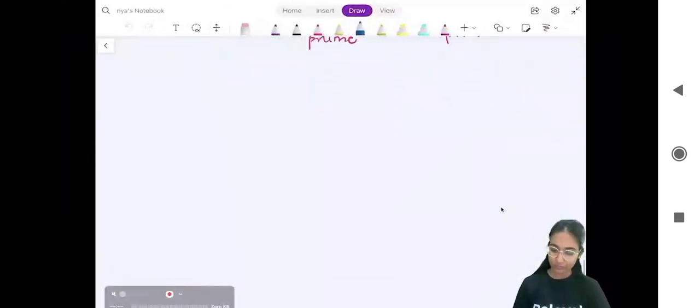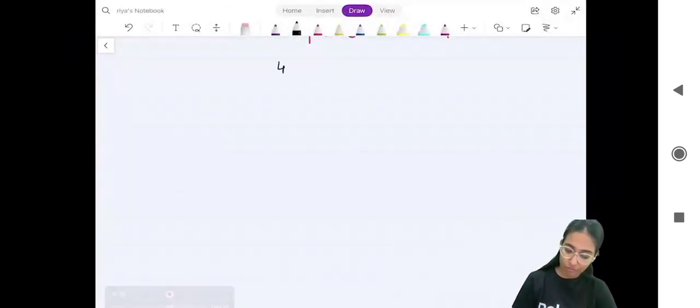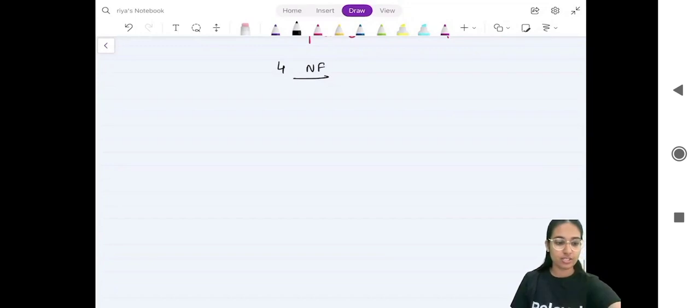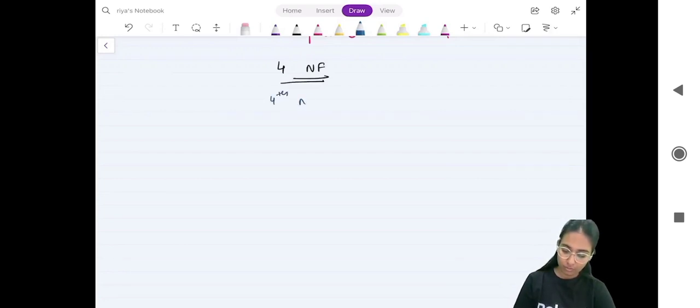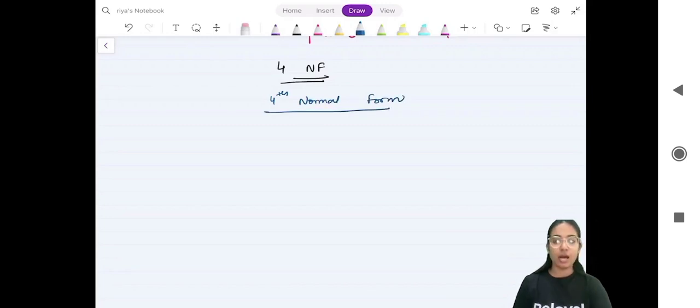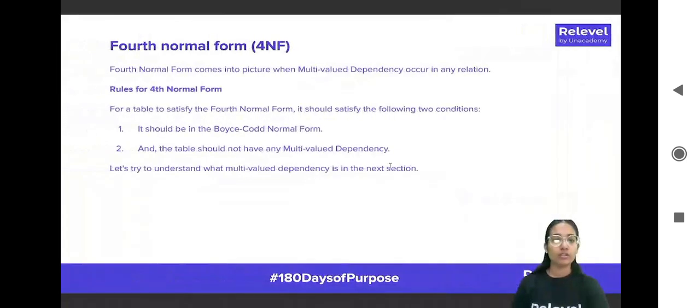Now we are talking about 4NF, which is fourth normal form. The rule for fourth normal form is that it should satisfy two conditions. First, it should be in Boyce-Codd normal form, and the table should not have multi-valued dependency.